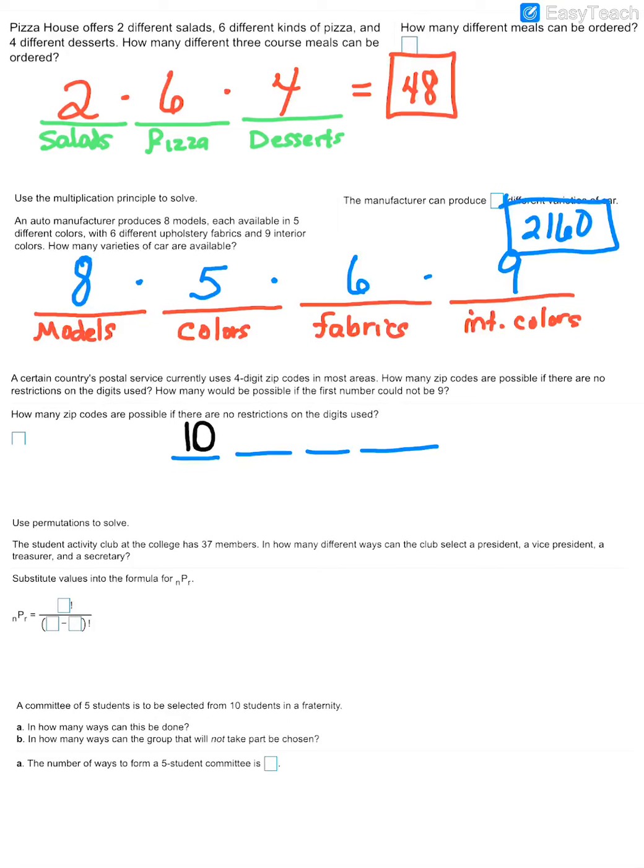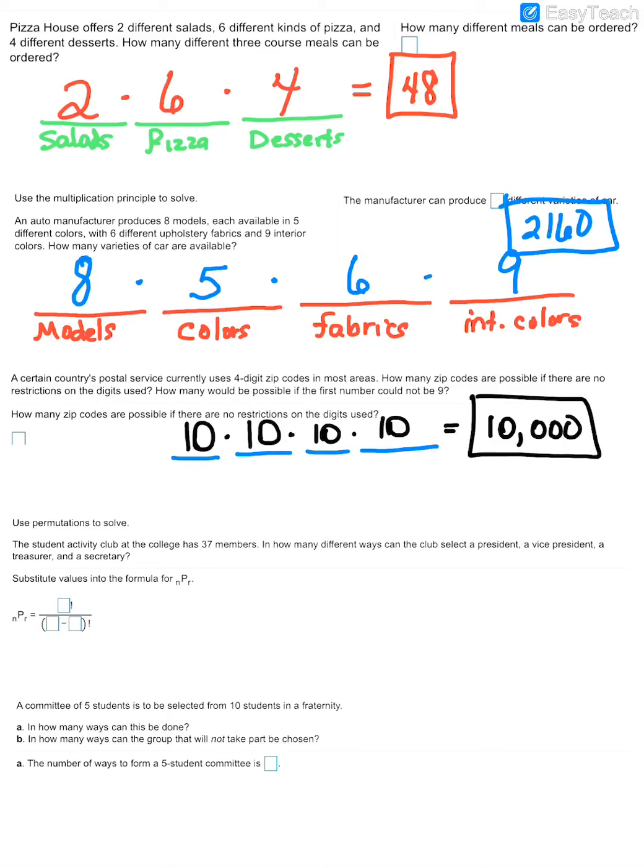So the first slot, I have 10 numbers to choose from, times the second slot, I have 10 numbers to choose from, times the third slot, I have 10 numbers to choose from, times the last slot, I have 10 numbers to choose from. So overall, this would give me 10,000 different zip codes with no restrictions.